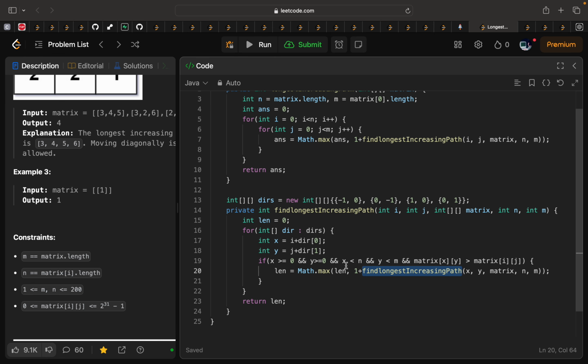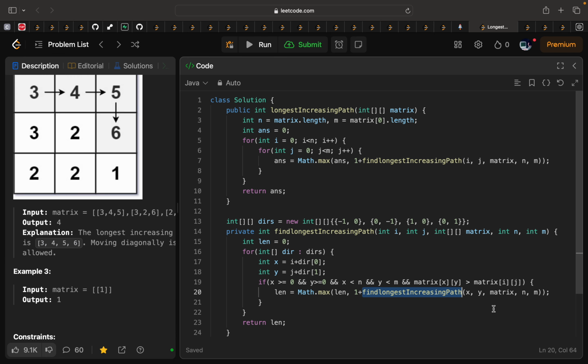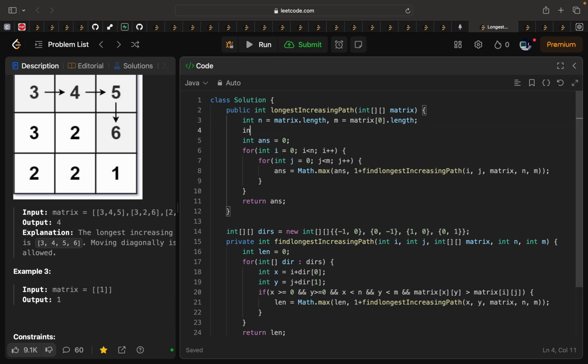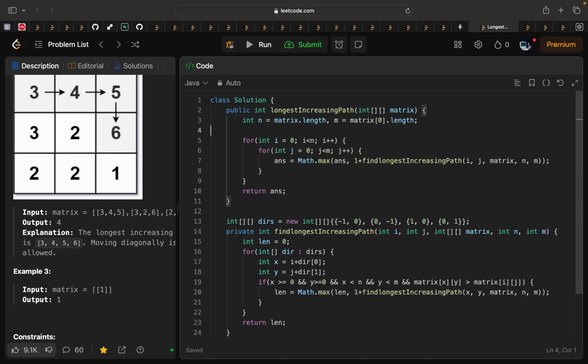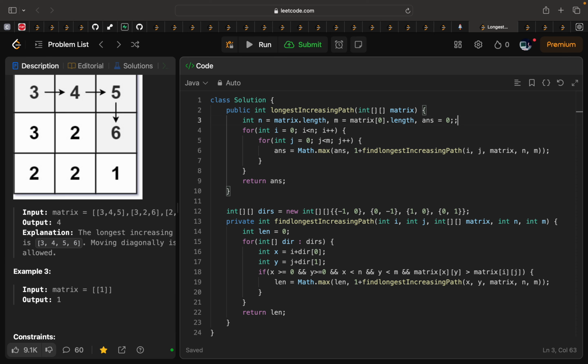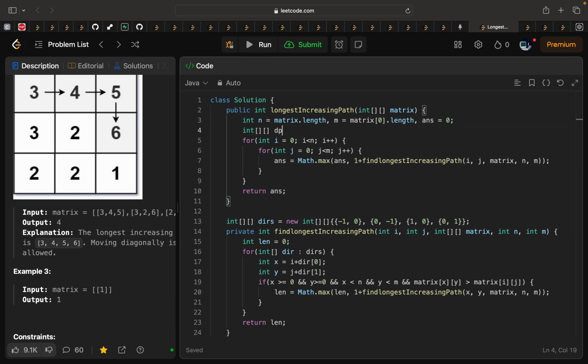Okay, so we can memoize it, meaning for this particular cell, we can store the longest sequence which starts from this particular cell. So we can use dp, to store the states at the particular cell.